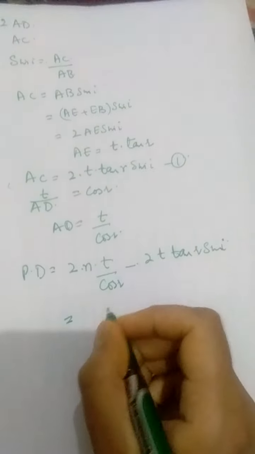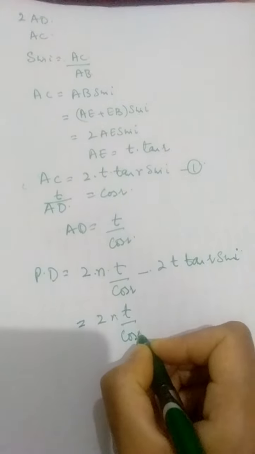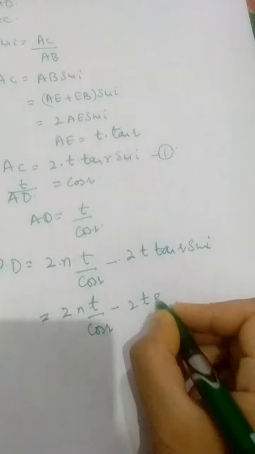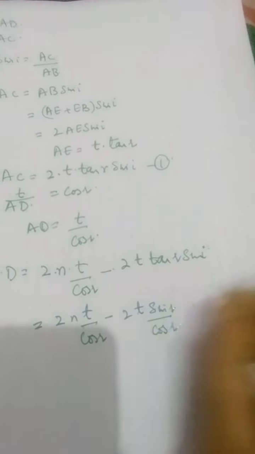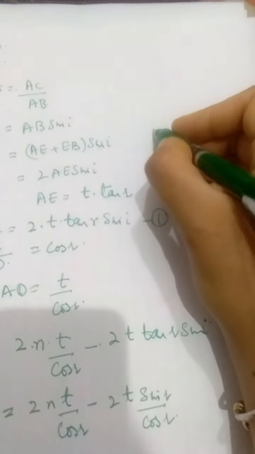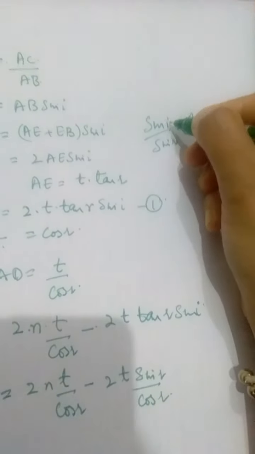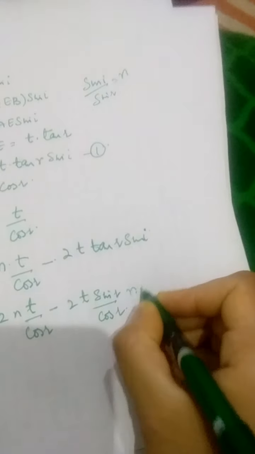So that is 2nt by cos r minus 2t. For tan r, you can write sine r by cos r, right? And for sine i, since Snell's law is sine i by sine r is equal to n, refractive index, for sine i you can write it is n sine r.